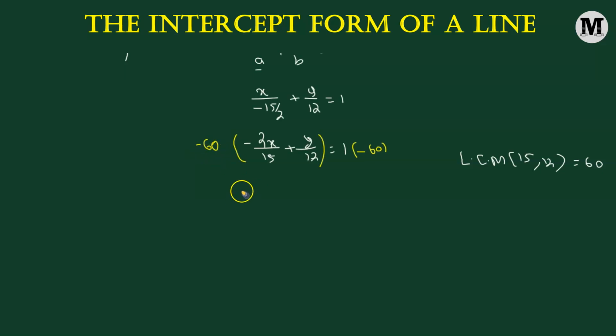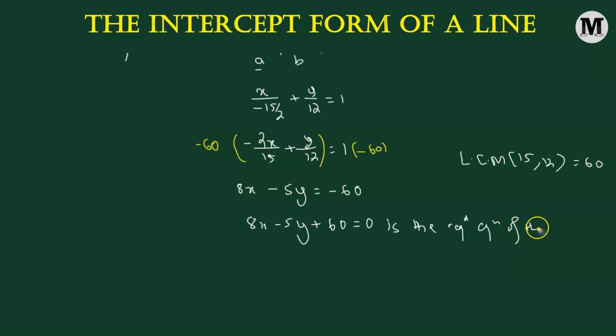So 4 times 2 will be 8. So we're going to get positive 8x minus 5y equals negative 60. Or we can say 8x minus 5y plus 60 equals 0 is the required equation of the line. This is going to be the required equation of the straight line.